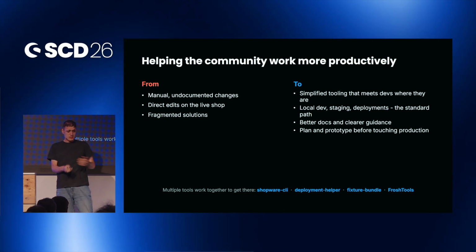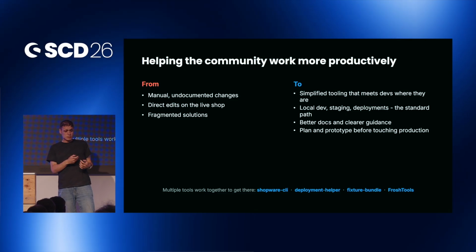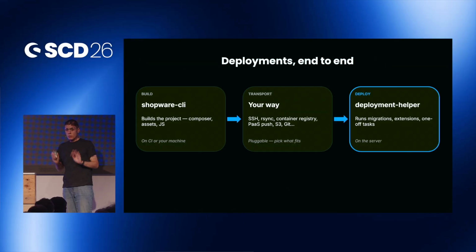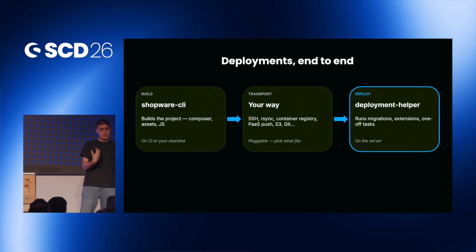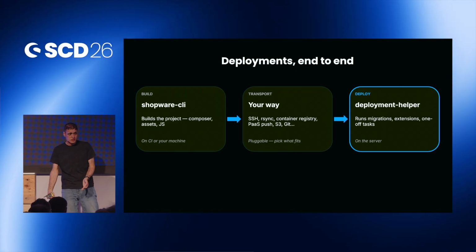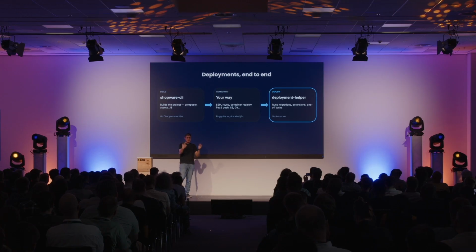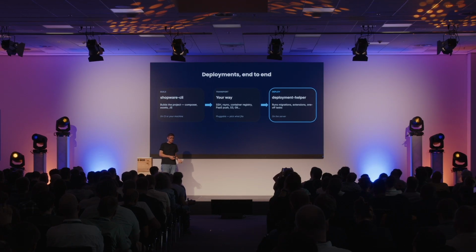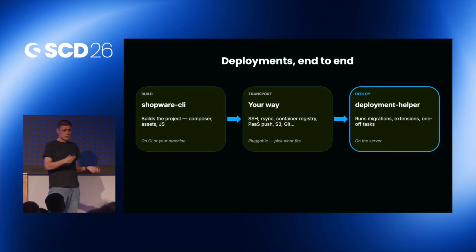And with that, coming to the deployment itself, how we at Shopware imagine deployment should work is that you use, on your local or CI/CD system, shopware-cli to build the project itself.